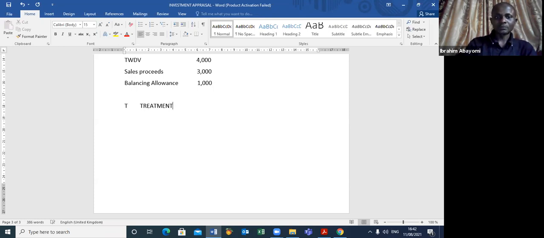Treatment of inflation. So we have, one, types of cash flow.